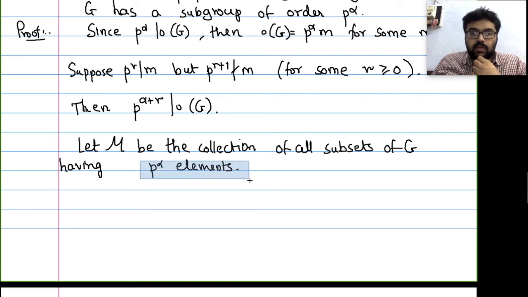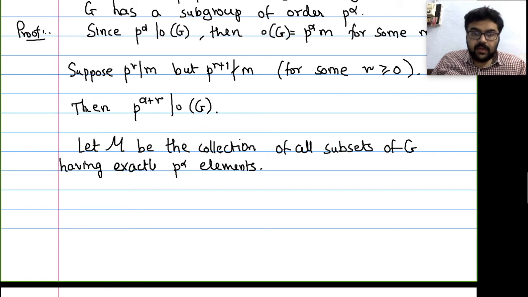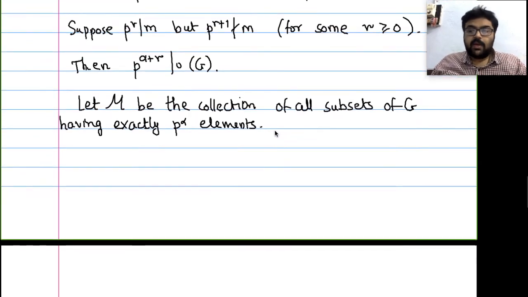So what are the elements of script M? Elements of script M are subsets of G. So if I take a capital M in script M, then M is a subset of G having exactly p power alpha elements. We are not saying it is a subgroup. A subgroup is a subset, but we don't want only subgroups. We are taking a collection of all subsets having p power alpha elements.